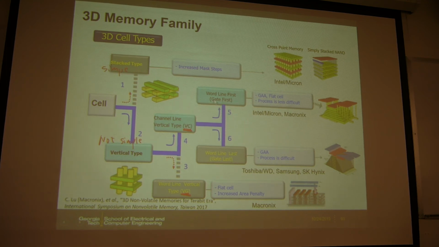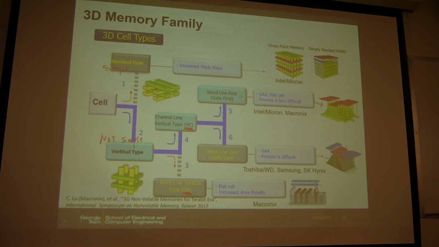But for the gate first process, Intel and Micron are the major supporters. The rest of the companies, like Samsung, Toshiba, SanDisk, or nowadays Western Digital, or SK Hynix, are all using the gate last process. We are going to discuss this in more detail in the next couple of slides.